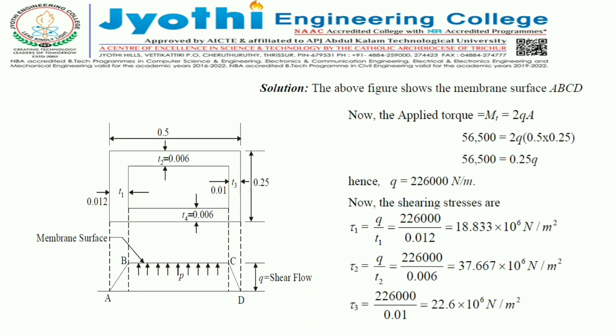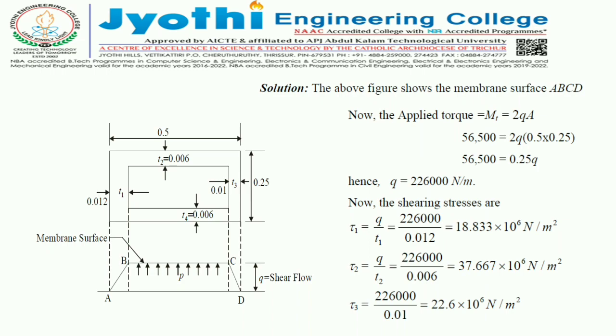It is given in the question. So from that equation we can find the shear flow Q. By substituting in the torque equation, we get shear flow Q as 2,26,000 Newton per meter.